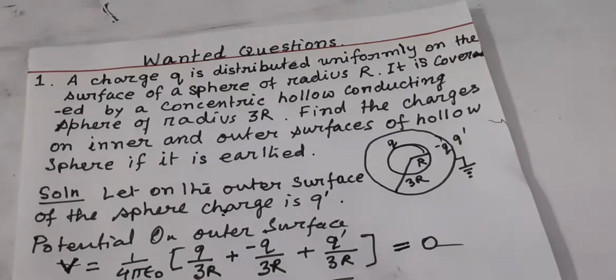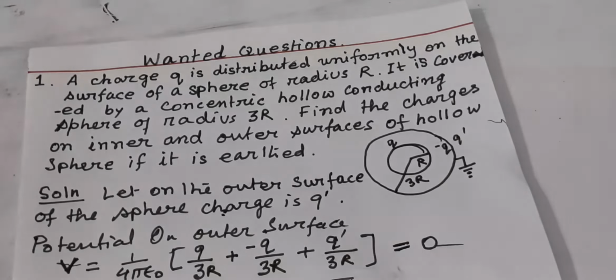Now here problem 1. A charge small q is distributed uniformly on the surface of a sphere of radius capital R. It is covered by a concentric hollow conducting sphere of radius thrice R. Find the charges on the inner and outer surfaces of the hollow sphere if it is earthed.